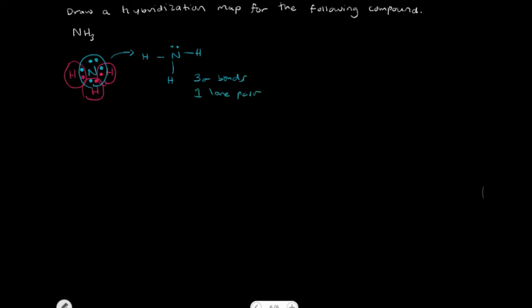Okay, so there's 1 lone pair, and these 3 sigma bonds, which basically equate to 3 single bonds. And if you wanted to consider a VSEPR structure, the VSEPR structure of this would be trigonal pyramidal, right? So you'd have 1 hydrogen going out of the plane of the page, and the other hydrogen going into the plane of the page. If you don't understand this, I would review some of the VSEPR videos.